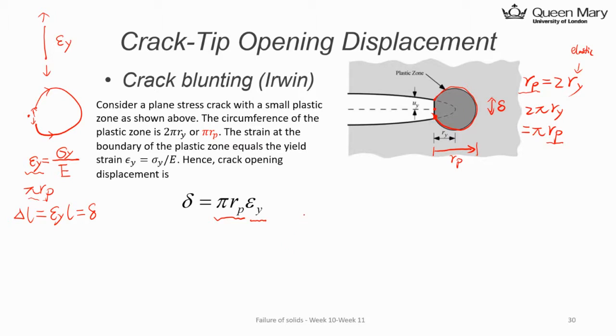And it's more interesting to find the relationship of this with something we know, okay? First of all, RP we derived before, which is a function of the stress intensity factor over the yield strength.